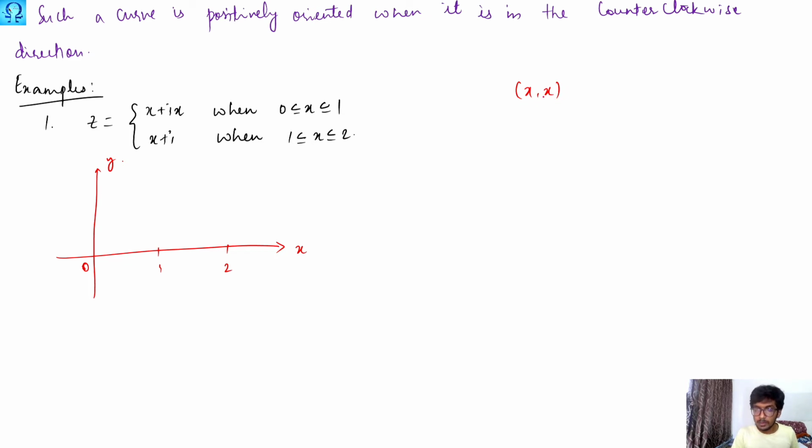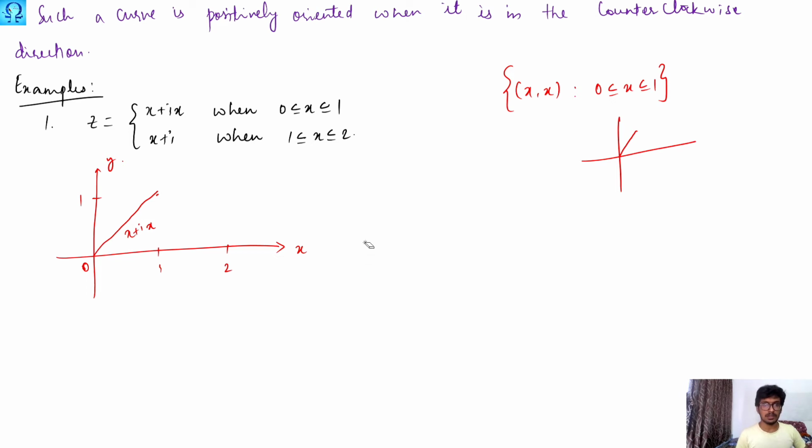When you collect the points such that x varies from 0 to 1, you can very well notice that it is a straight line from 0 to 1, and this is your curve x plus iota times x.